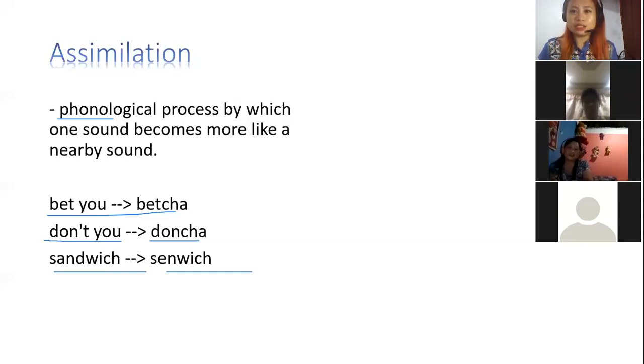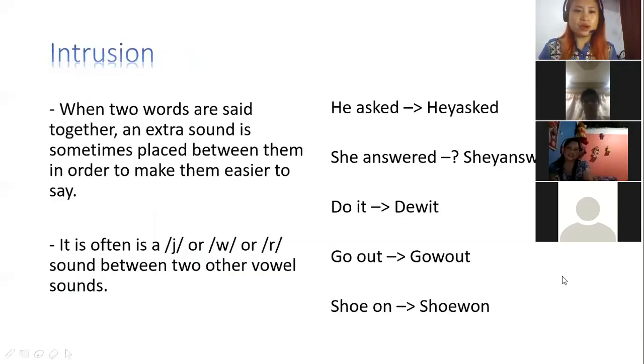Okay, let's go on ahead because we still have a lot to discuss. Next is what we call intrusion. Okay, Sheena, please read it for us. Intrusion: when two words are said together, an extra sound is sometimes placed between them in order to make them easier to say. It is often a J, W or R sound between two other vowel sounds.